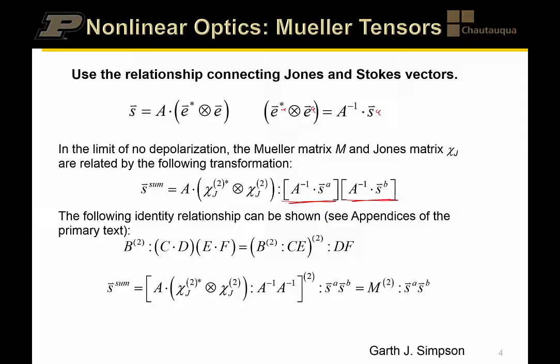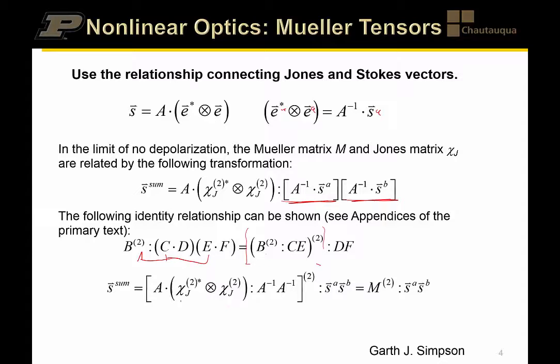And now we're again seeking yet another identity relationship, hopefully from our toolkit. In this case, the identity relationship allows us to fold the C and E into a new tensor that incorporates those as well. That's just this identity relationship saying that we now have a new chi2 tensor that was the old one, multiplied by these pre-factors in front of S, in this case the A inverse matrices.